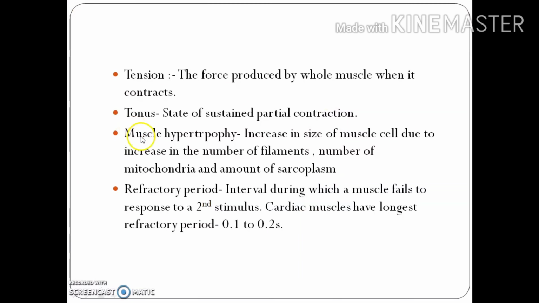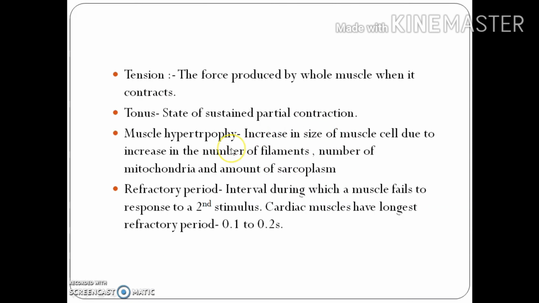Then there is muscle hypertrophy: the increase in the size of muscle cells due to an increase in the number of filaments, number of mitochondria, and amount of sarcoplasm. This is what is seen in bodybuilders.